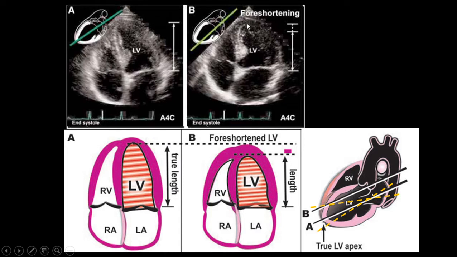But if we are foreshortening, the apex not only becomes thick in end diastole and end systole, the endocardium moves too much down too. When we trace it, we'll notice, for example, it is only 10 millimeters from the epicardium, and at systole it goes more than 15 millimeters down.